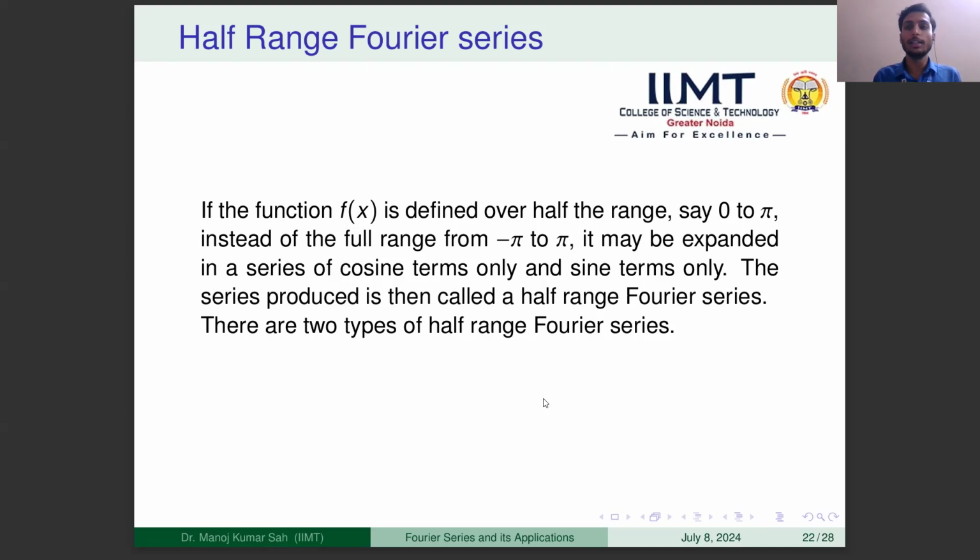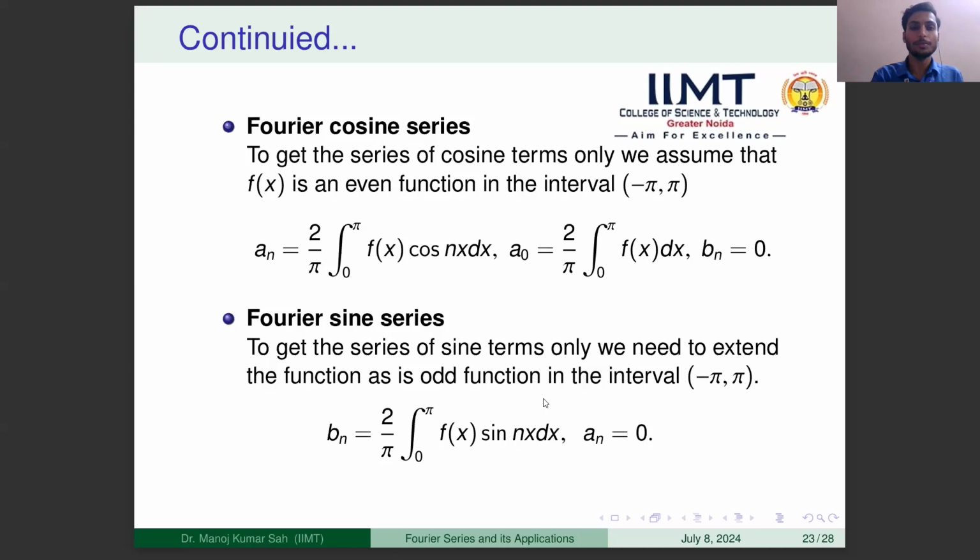In that case, there will be no sine term present in the expansion of the function f of x. Here it is the even Fourier cosine series. So you are able to say a n equal to 2 upon pi integration running from 0 to pi f of x cos n x dx, and a naught equal to 2 upon pi integration running from 0 to pi f of x dx, and there is no sine term because b n is 0, because we have expanded that function symmetric about the y-axis.